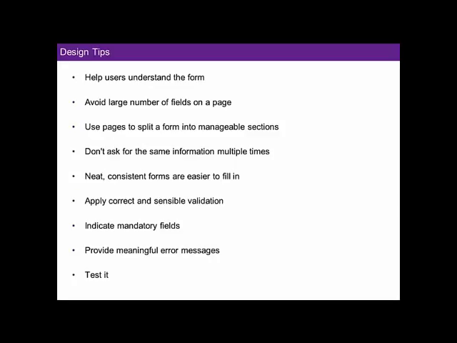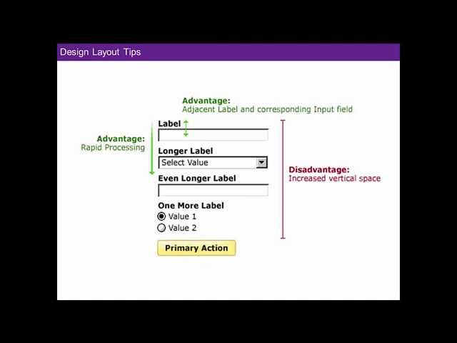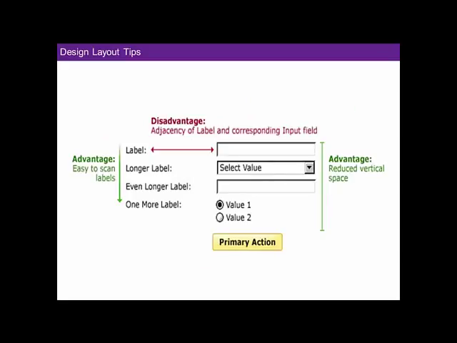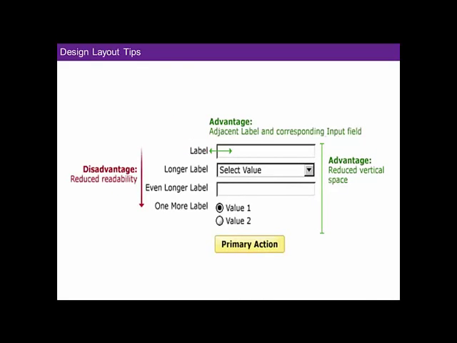We've left some options in the forms designer. When you're looking at a form, sometimes you will think, how should I lay it out? Should I put the labels above? Should I put the labels to the side? Should the labels be left aligned or right aligned? As you can see by these last 3 slides, they've all got different advantages and disadvantages.